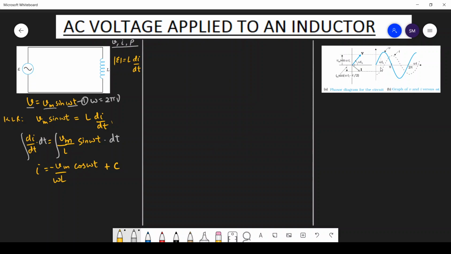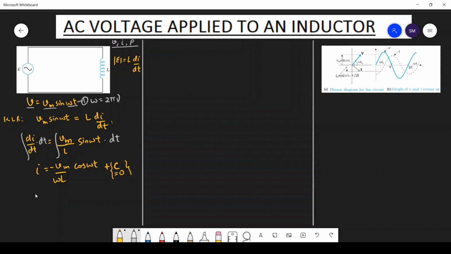You can see here that this current and voltage are varying with respect to time, so they don't have any constant component. That is why there is no time-independent current, so this constant will be equal to 0.